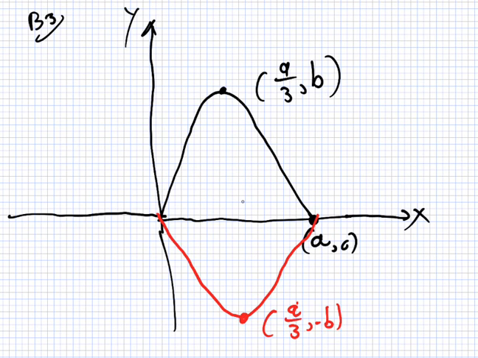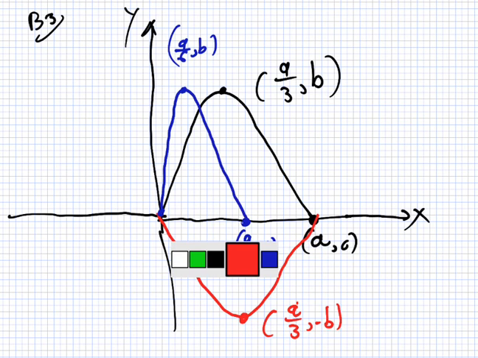Well, firstly, this would be here at A over 2, 0, and then this point will be moved over to here to A over 6, B. And the 0 is still at the 0. So there it is there. Okay, and then that's part 3 now.